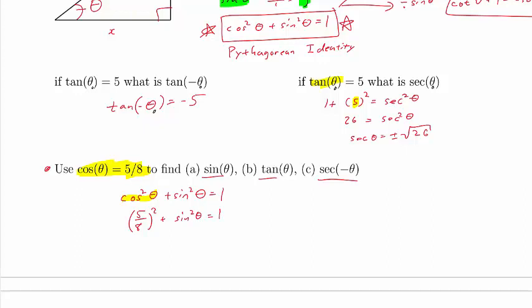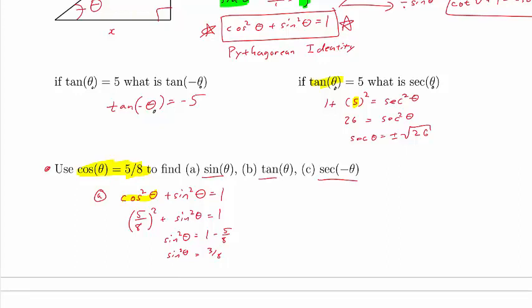All right, so now all we have to do is solve for sine theta. And so we get sine squared theta equals 1 minus 5/8, which will mean that we have 3/8 right here.